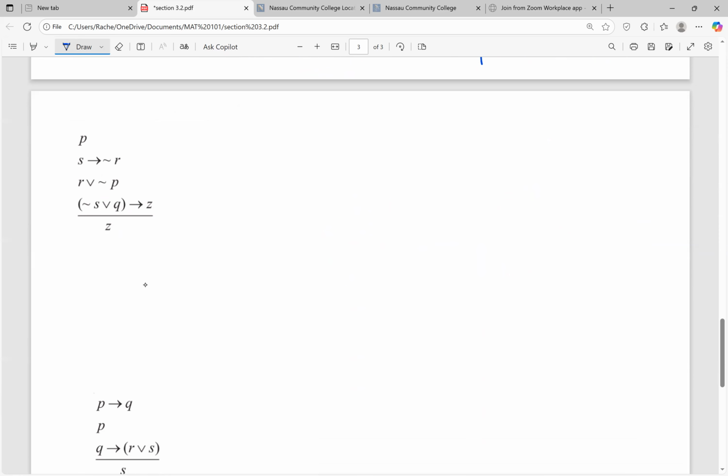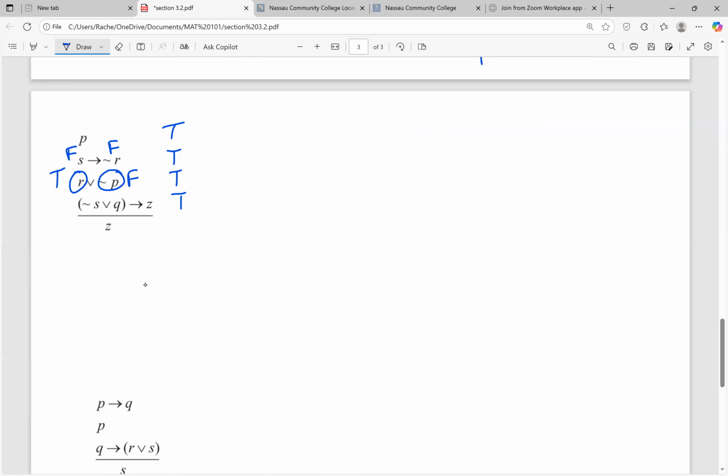So let's assume that our premises are true. So if P is true, then not P is going to be false, which would make R true in order for that disjunction to be true. So then not R is false, and it's the right-hand side of a conditional, so the left-hand side has to be false in order for that conditional to be true.